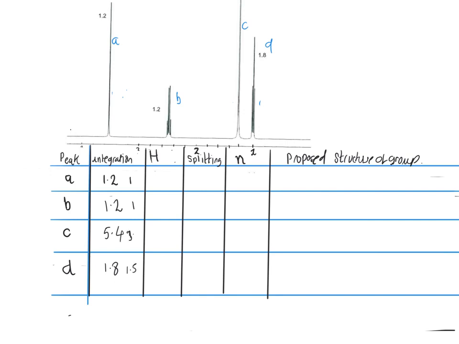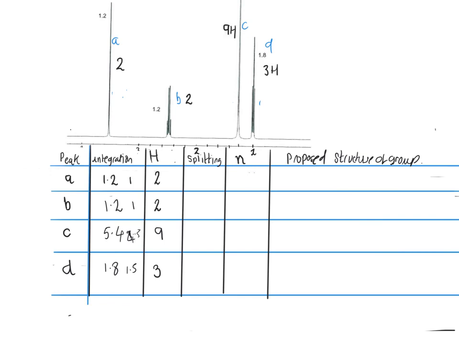Clearly we can't have 1.5 protons, so we multiply them up. So we've got a ratio of 2 to 2 to 9 to 3 protons. If we add all of these up, the hydrogens add up to 16. So these are the exact number of hydrogens in each environment. So I'm now going to put those onto the peaks. This one here has 9 hydrogens.